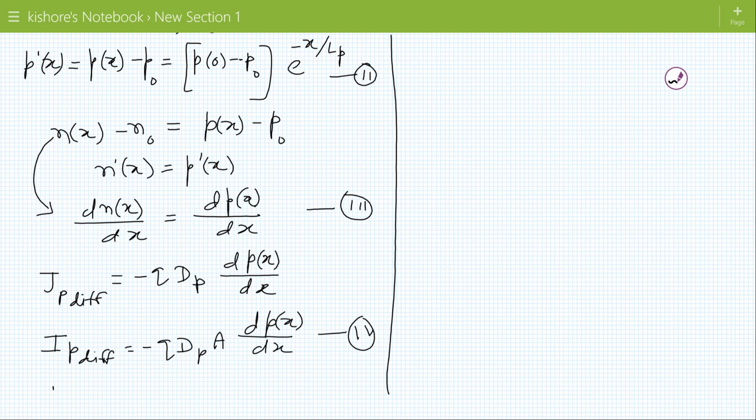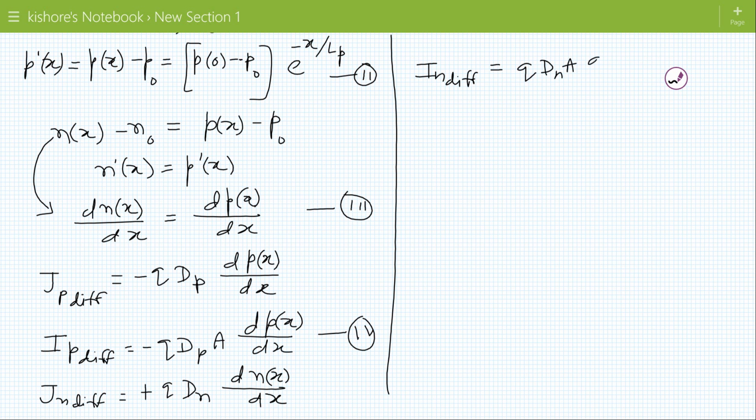Similarly, the electron diffusion current density is plus q Dn dnx by dx, and the electron diffusion current is q Dn A dnx by dx.